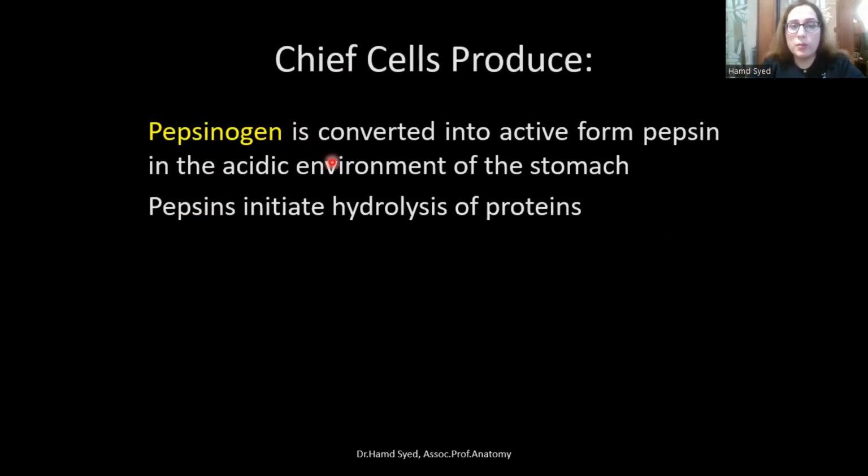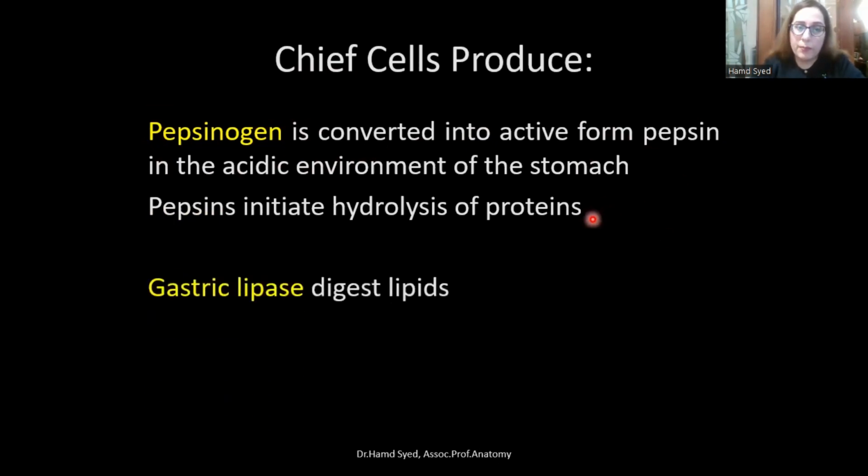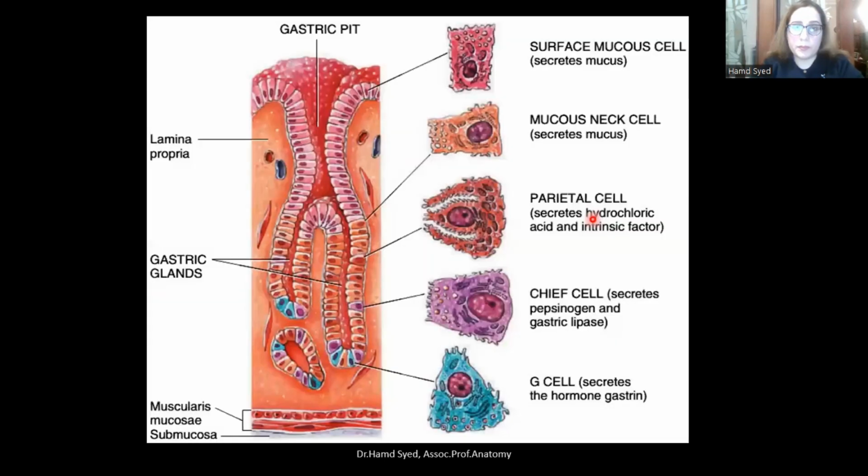Pepsinogen is a substance which is converted into its active form pepsin within the acidic environment of the stomach. And these pepsins are then responsible for the breakdown or hydrolysis of proteins. Gastric lipase is also produced by the chief cells, which is responsible for digestion of lipids.